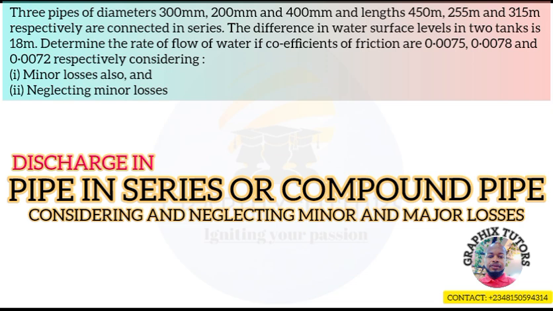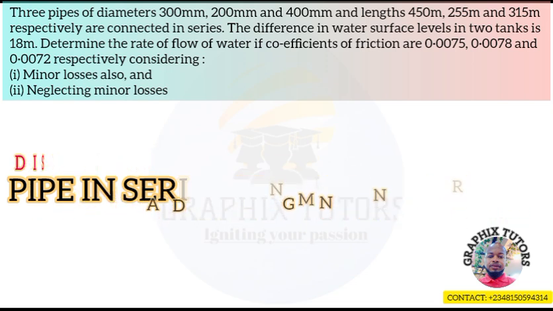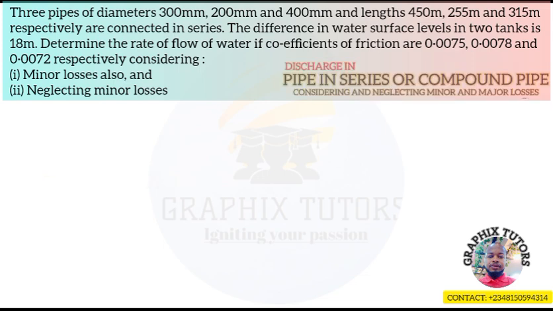The difference in water surface level in two tanks is 18 meter. Determine the rate of flow of water if the coefficients of friction are 0.0075, 0.0078, and 0.0072 respectively, considering minor losses also and neglecting minor losses.